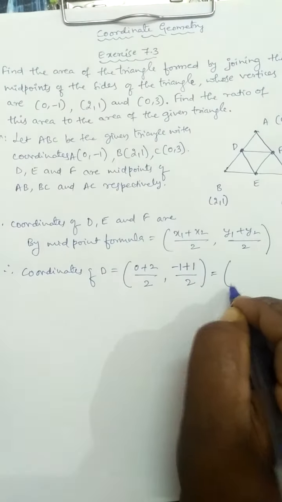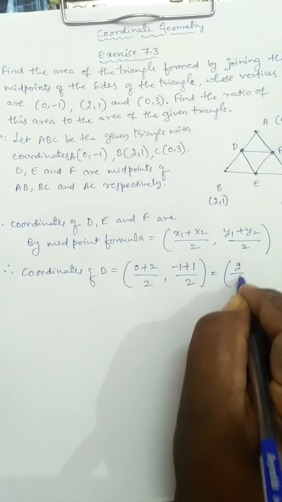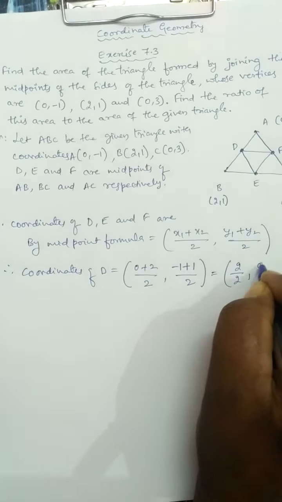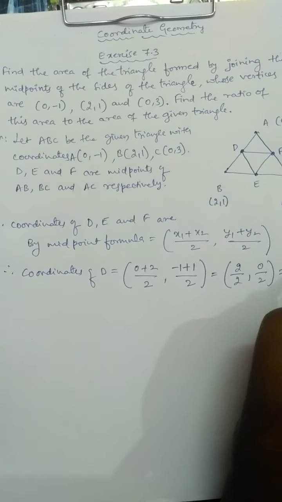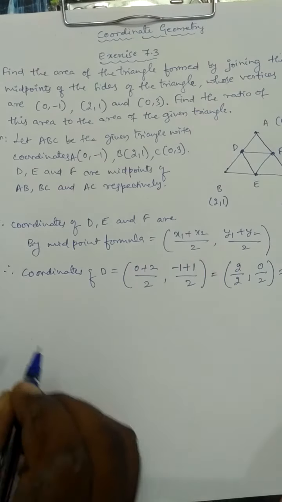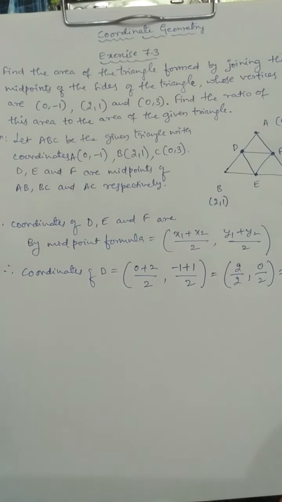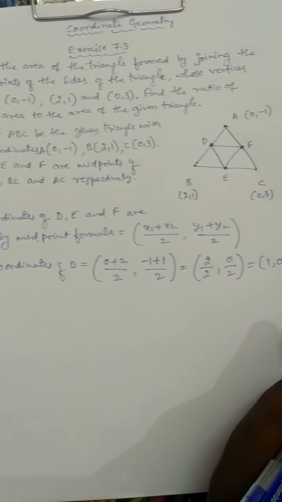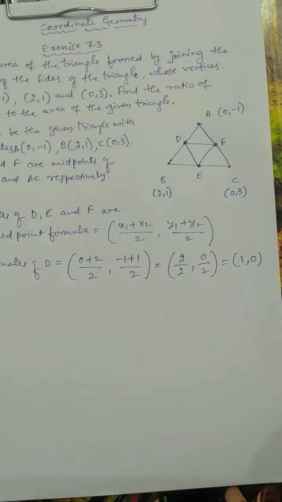If you simplify this, 0 plus 2 is 2, by 2, and this is 0 by 2. So 2 by 2 is nothing but 1, and 0 by 2 is nothing but 0. So the coordinates of point D are (1, 0).